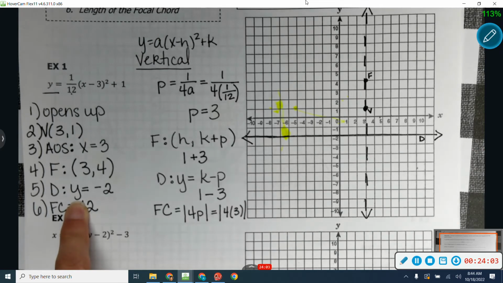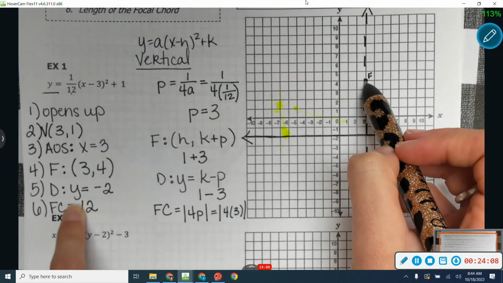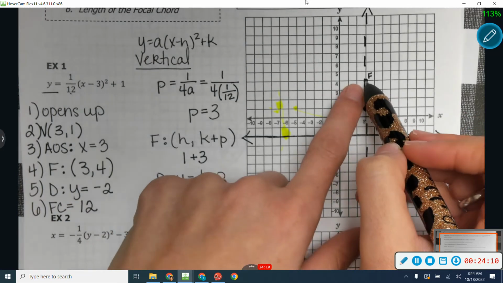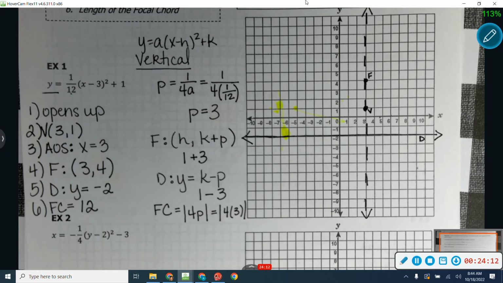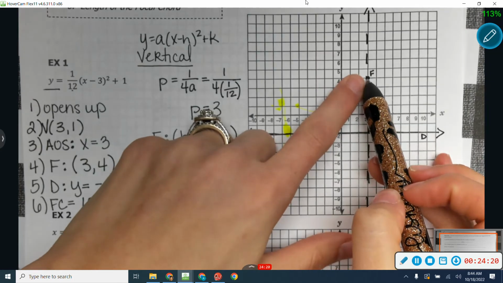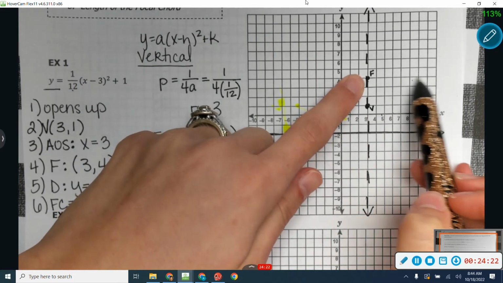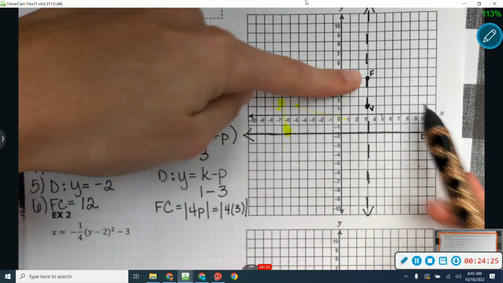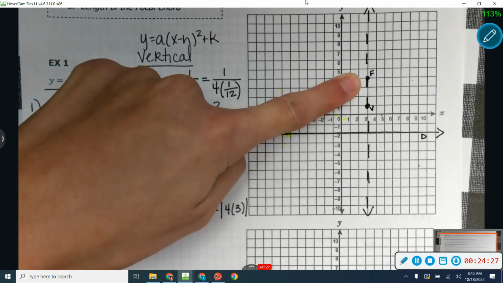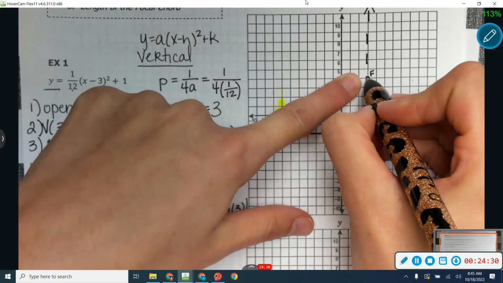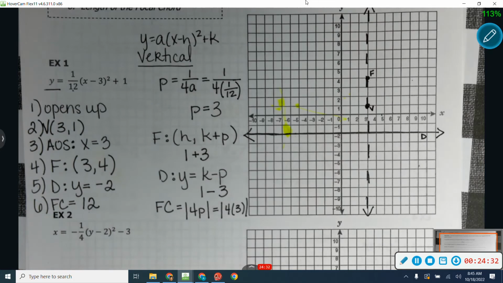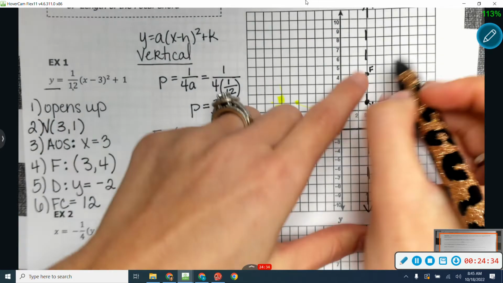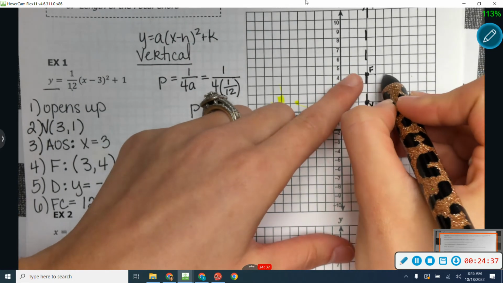Now, how am I going to get my other 2 points to do my parabola? You're going to use that focal chord with your focus. Now, think about what's happening. My focal chord is 12. That's the entire distance. So from my axis of symmetry to my outside parabola should be how many points? 6. So you're going to take half of this focal chord, and I'm going to go 6 in both directions because my total distance is 12. Okay, so I'm going to go 6 to the right and 6 to the left.